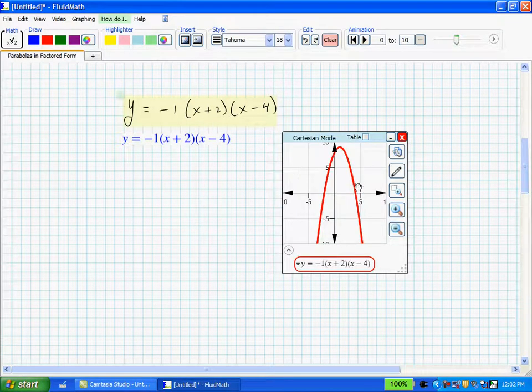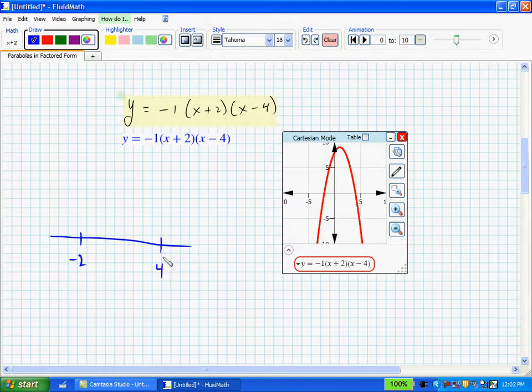Well, it looks like it goes through x equals 4. It looks like it goes through x equals negative 2. Does it have a shape of negative 1? Well, can we figure out what the vertex is? That's a good point. So halfway between, here's a very rough graph. Here's negative 2, and here's 4.